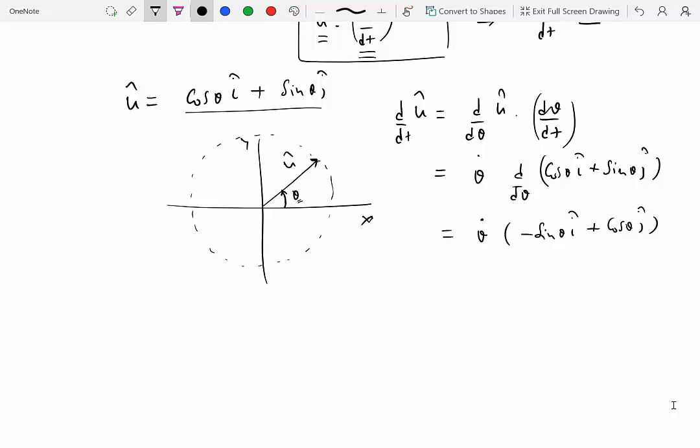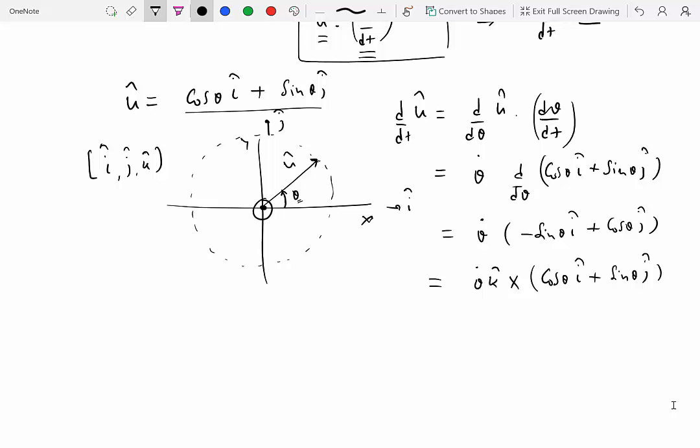Now, I can also write this in the following way: as theta dot k hat cross cosine theta i hat plus sine theta j hat. Here k hat is a unit vector perpendicular to the plane, pointing perpendicular to the plane of this sheet, upward, because this is i hat, this is j hat. So i hat, j hat, and k hat form a right-handed coordinate system.